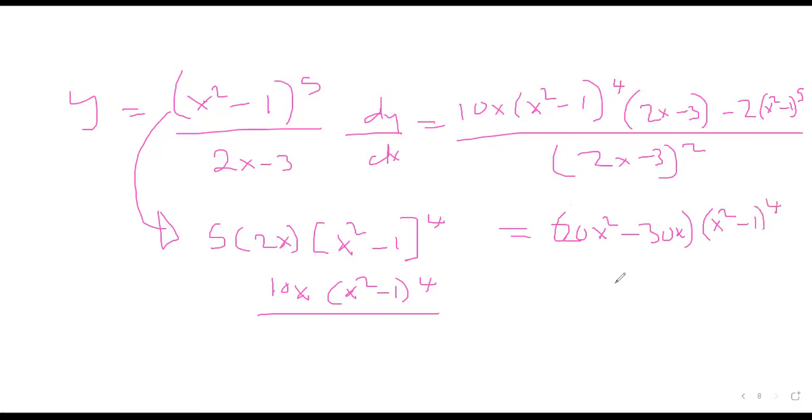Then this also can't expand itself, we'll leave it as it is, x squared minus 1 to the power 5. Then leave what is down as it is, 2x minus 3 to the power 2. So it is an integration of rules that you need to apply, and you need to apply them very well.